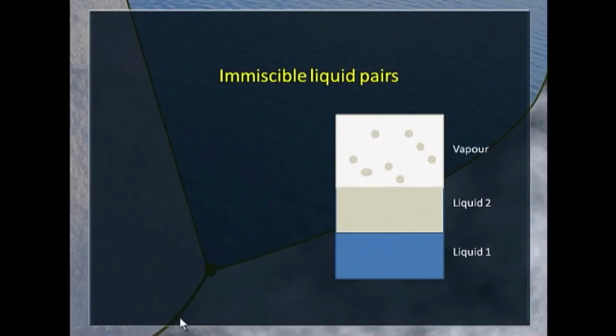Let us now look at systems involving immiscible liquids. If we take two immiscible liquids, 1 and 2, depending on density, they form separate layers. Liquid 1, which is denser, is cut off from the vapor phase. Therefore, only the molecules of liquid 2, which is lighter, will have a chance to escape to the vapor phase.